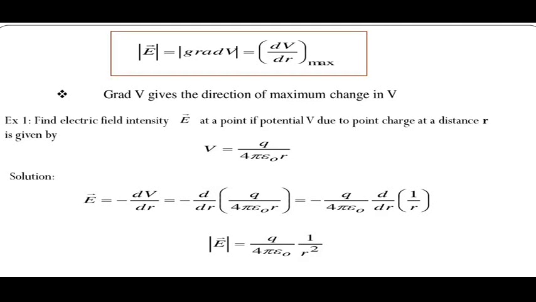In this numerical, we'll find electric field from a potential V. Here, V is given as Q upon 4 pi epsilon naught R. To find electric field from this potential, we'll differentiate V with respect to R. And on differentiation, we find the magnitude of electric field equal to Q upon 4 pi epsilon naught into 1 by R square. So you can see it becomes very simple using this formula to find electric field from potential.